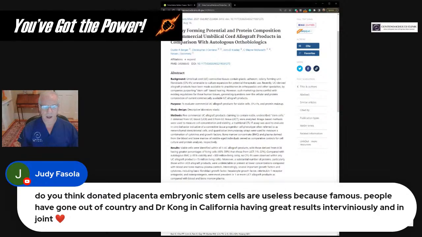So I don't know what kind of results she is or isn't getting. I can tell you that what she was advertising as an umbilical cord Wharton's jelly stem cell product had no living stem cells at all, based on the research in the top orthopedic journal that we published with the CSU TMI just north of us here.